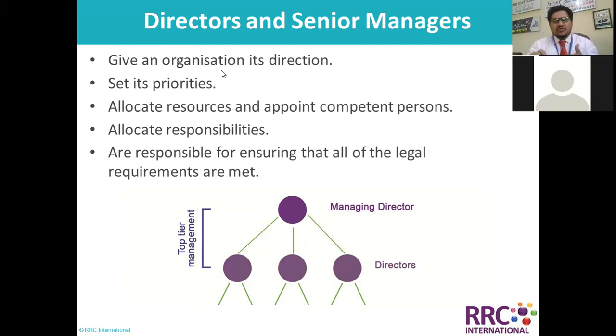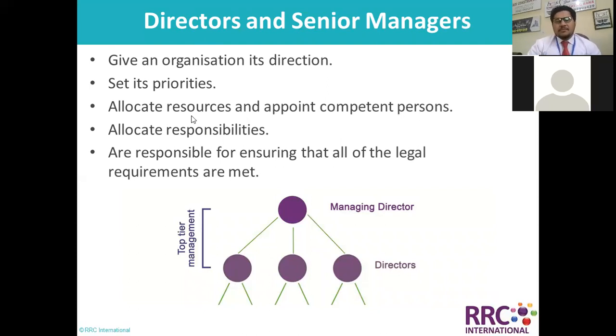We will ensure to provide a safe working environment to our employees. We'll make sure to respect the safety standards of our customers and the legal obligations we are responsible to meet. So you are giving a framework or kind of direction to your organization. And that is why you set your priorities accordingly, and your responsibility is also to provide resources.